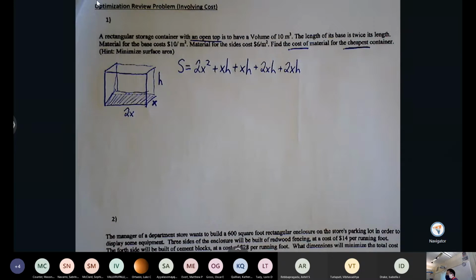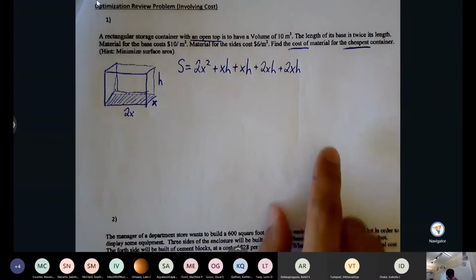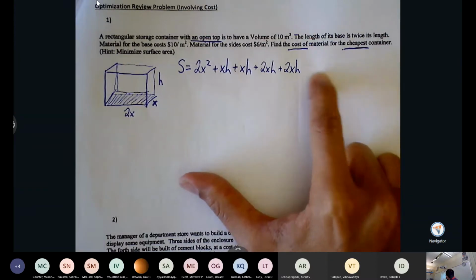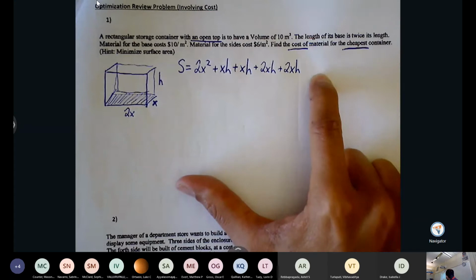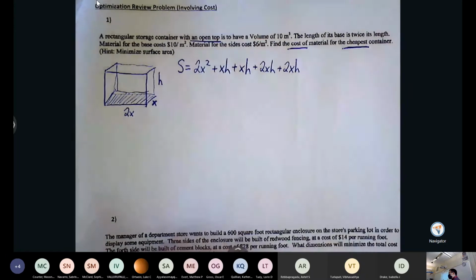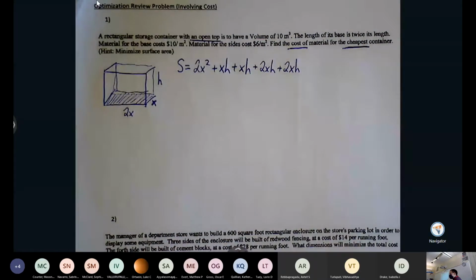Any questions so far? There is one more. There's another 2x squared up top. But why do we not include? Oh, because it's open top. Yeah. So if it's a closed top, that means we are actually going to spend money closing the container. But here we're not spending money closing the container, so we don't have to worry about any material for the top.